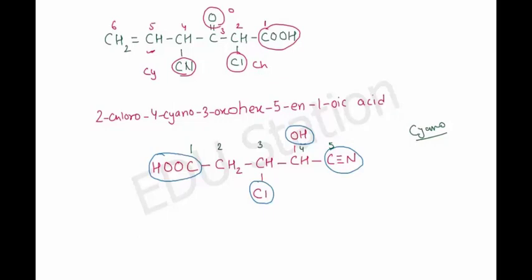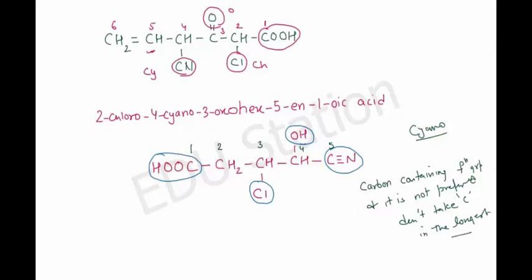The rule is very simple. If you have a carbon containing functional group and it is not preferred, do not take its carbon in the longest chain.